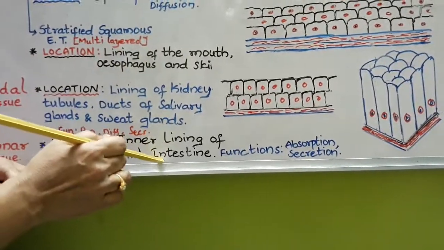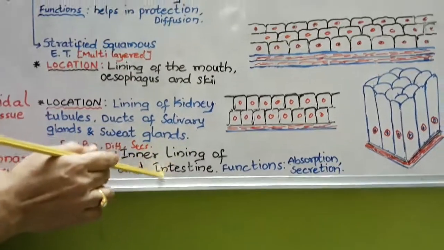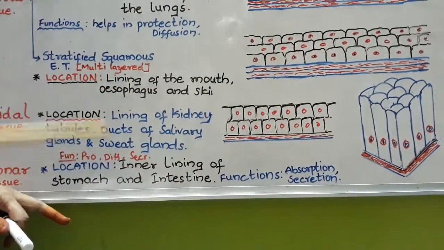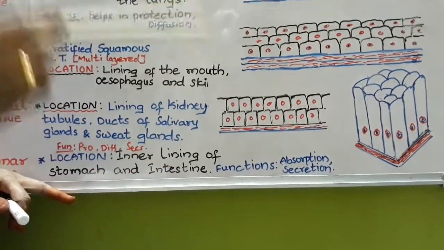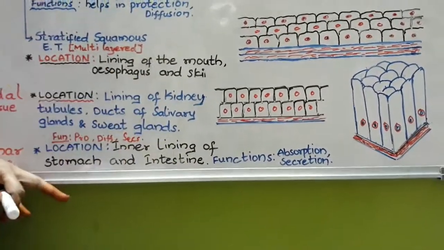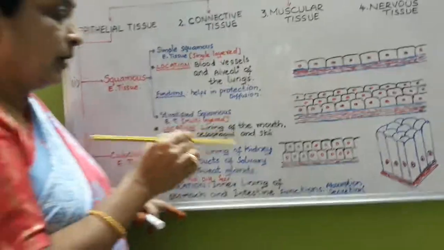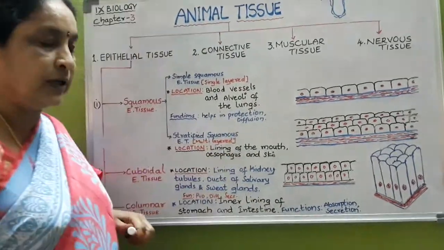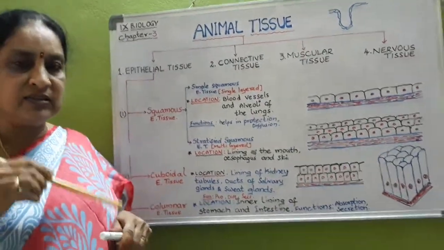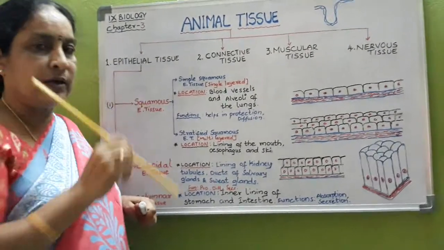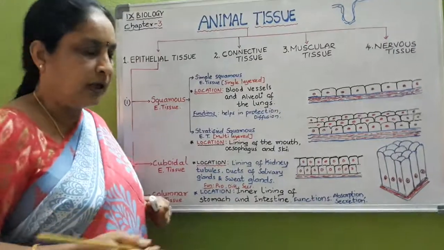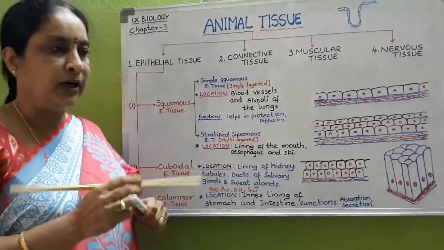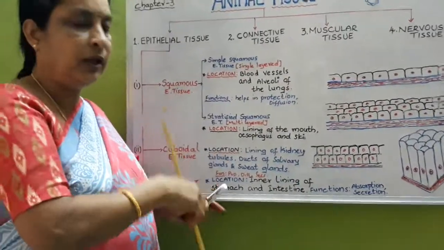And the small intestine also secretes intestinal juices, and after digestion of the food, the digested food is absorbed by the villi. Villi are microstructures found in the intestine. They absorb the digested food and transport it into the blood.